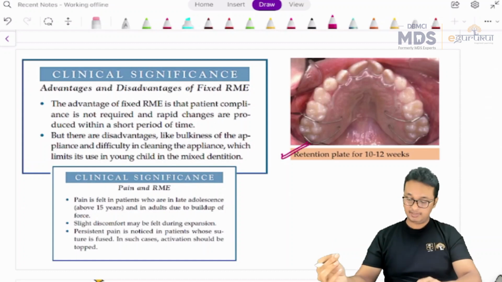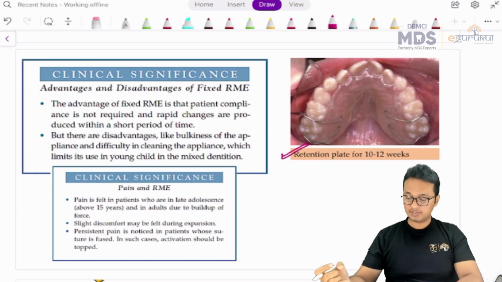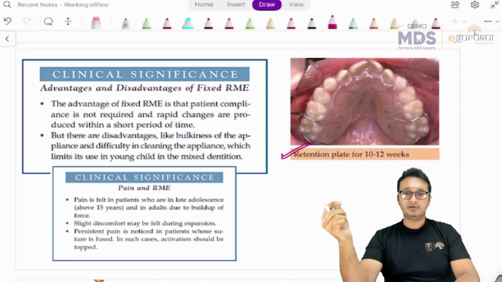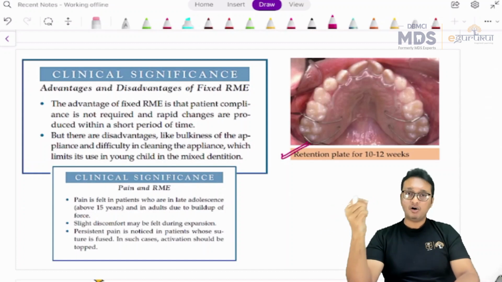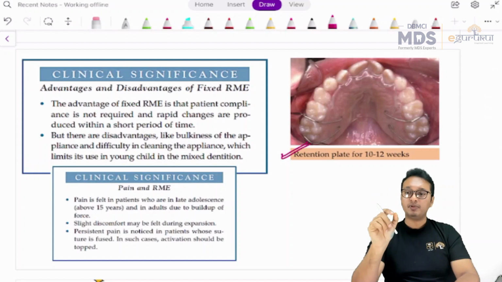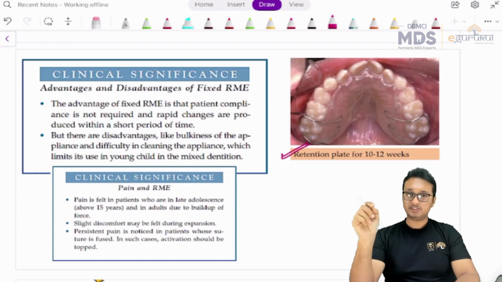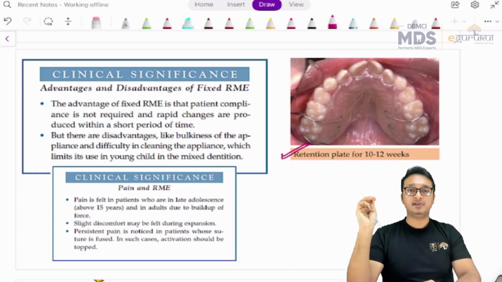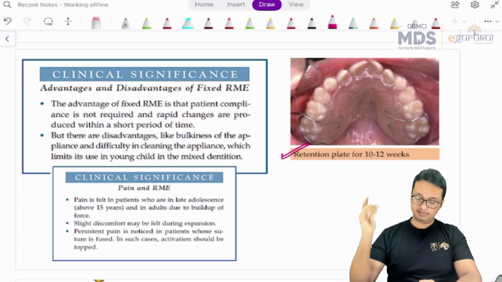That's why a retention plate has to be given for 10 to 12 weeks. Either we can give an acrylic retention plate having clasp and labial bow, or we can just put a composite button into the opened jack screw, and that jack screw itself can act as a retention for a certain period of time, like 10 to 12 weeks.